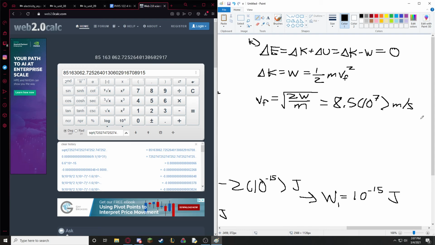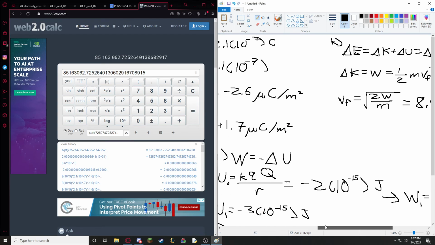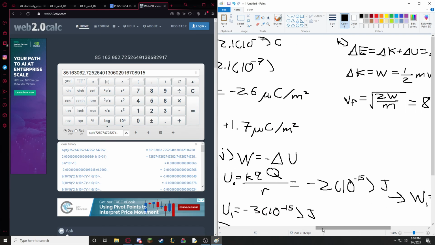So for the homework for circular problems, we use Q over 2 pi r epsilon naught. Why is it different from what we did the first half? You mean for finding electric potential energy?